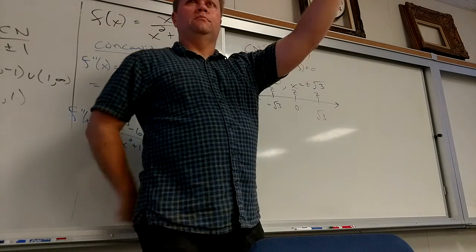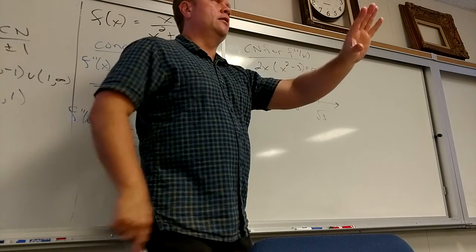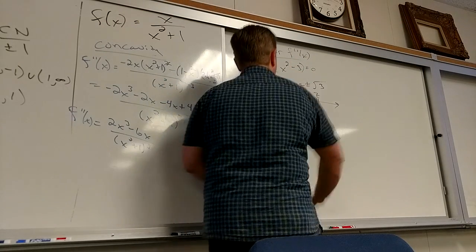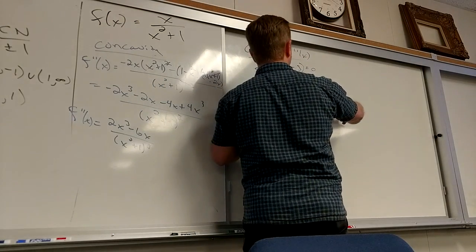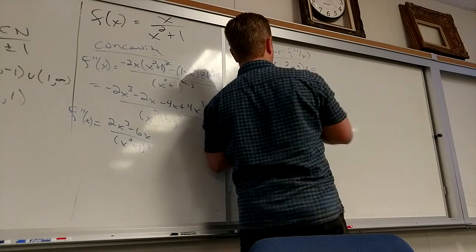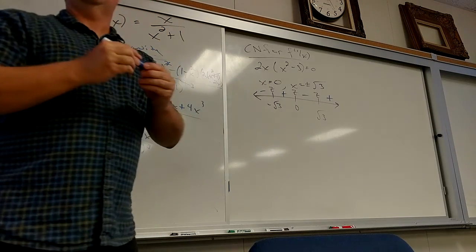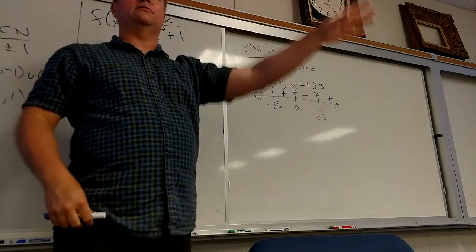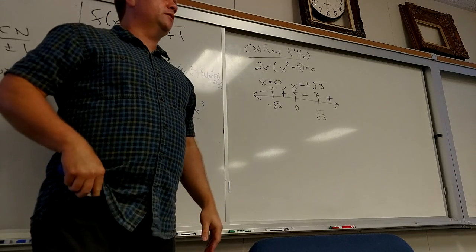All first multiplicity, so all odd. It's going to change signs everywhere. So if I put in there a 10: positive times positive, positive, negative, positive, negative. It doesn't matter what you put in. It doesn't matter what you get out, except whether it's positive or negative.